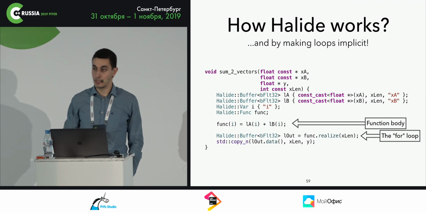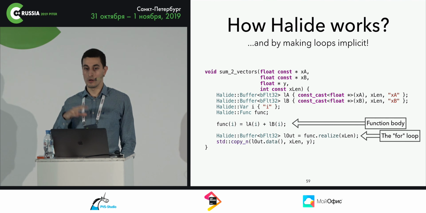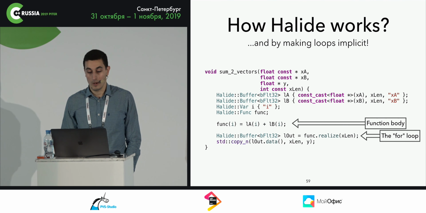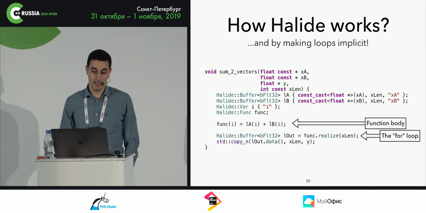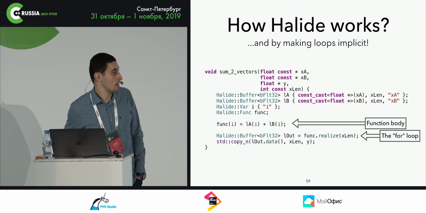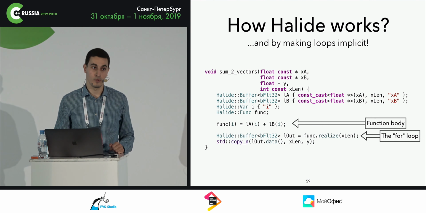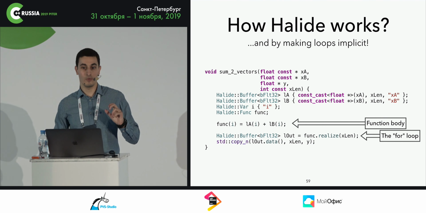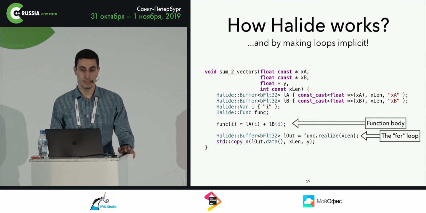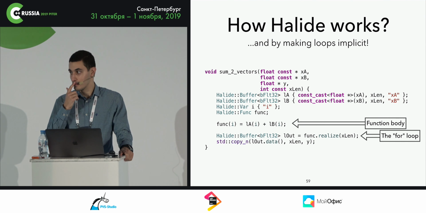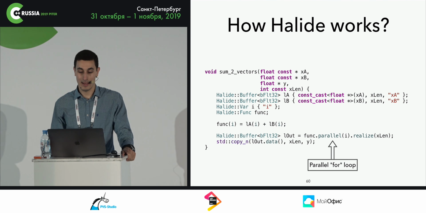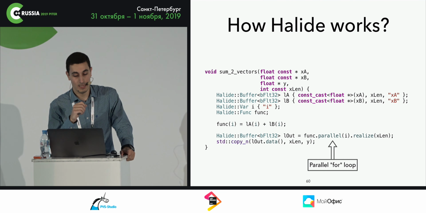A realize function lazily calls this original function with a specific size of an input. So xlen, which is the length of the input, is passed as an argument into the function afterwards. And what Halide does, it generates the for loops for you. Sounds simple, right? But not that much. Well, I would say it's simple, but the beauty is that it's very powerful.